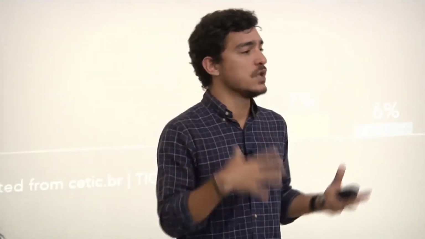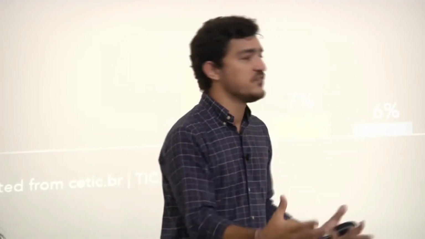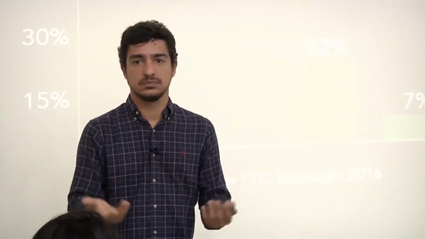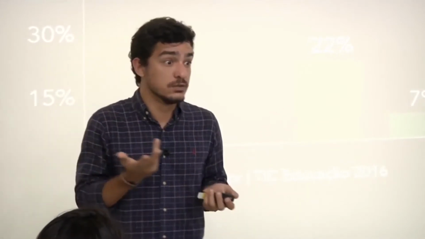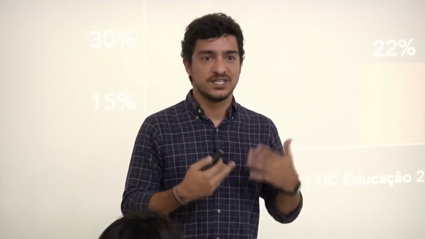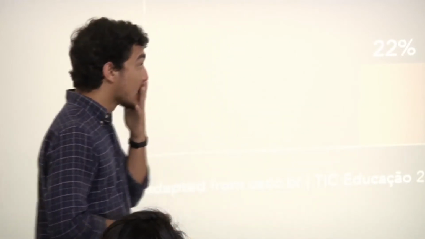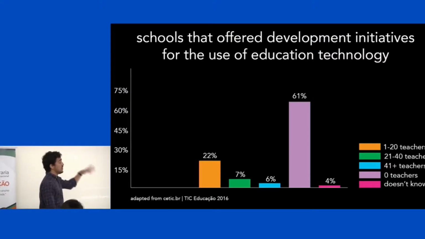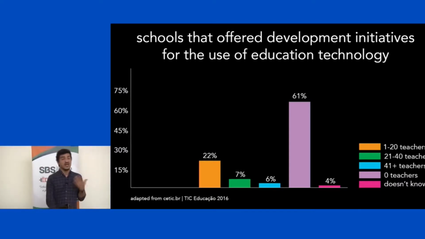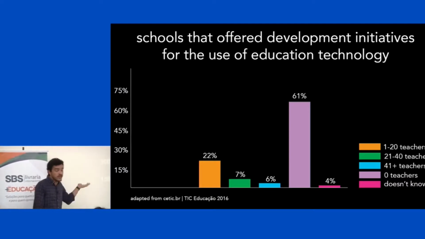People tend to focus on hardware and on the game, on the device, but not on the pedagogy that's behind that. So if you don't have a strategy for that, it's cool. Yeah, it's really cool. You can make really nice pieces of advertising with that, but it's not really going to impact learning. So when you look at this figure and we see that teachers don't really develop in the use of technology, we go, okay, now it makes sense.